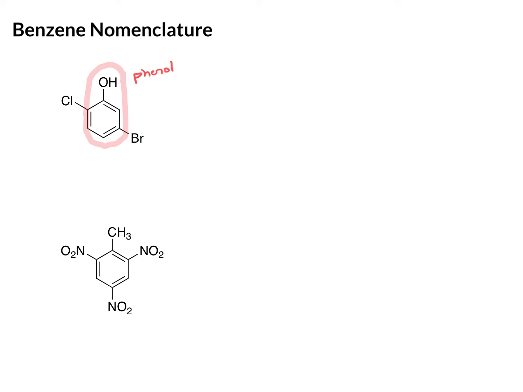But because we have that common derivative as the parent, we have to make the OH carbon 1. Now number clockwise or counterclockwise to give the lowest numbering of substituents. In this case, counterclockwise will be lower.